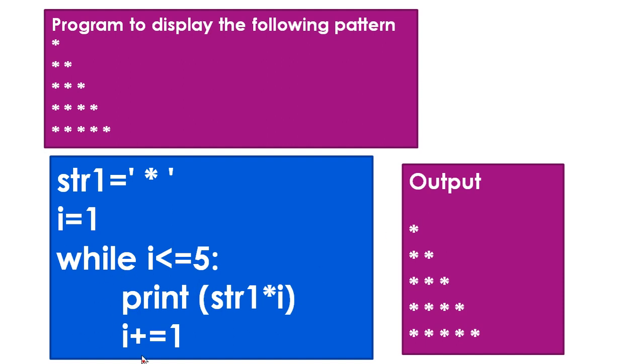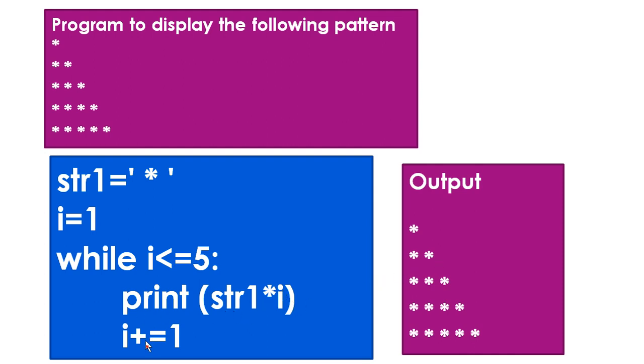In the while loop, at the second iteration I turns into 2. So here I is 2, so the asterisk multiplies 2 times. Asterisk prints 2 times here, because str1 value is asterisk. Asterisk multiplies with 2, so 2 times print here.